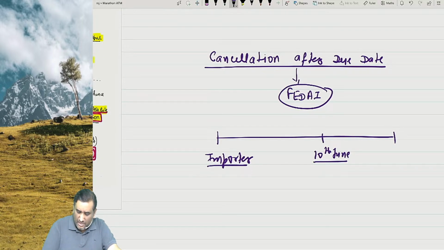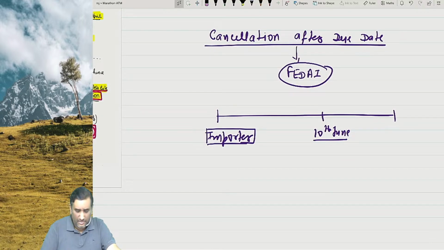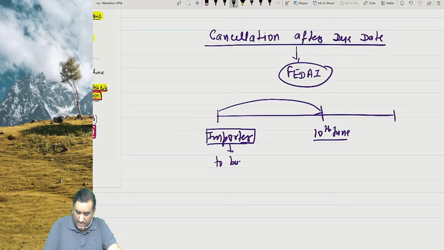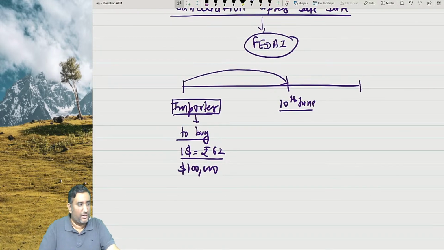The importer would have done some agreement at 0 period point of time. The importer would have done the agreement of June. How many months? Leave apart. The importer would have done the agreement to buy. So buy means he would have done the agreement to buy, let's suppose $1 at 62. That is exactly the agreement he would have done, and total $1 lakh. Just taking a rough number so that you can read the numbers well.